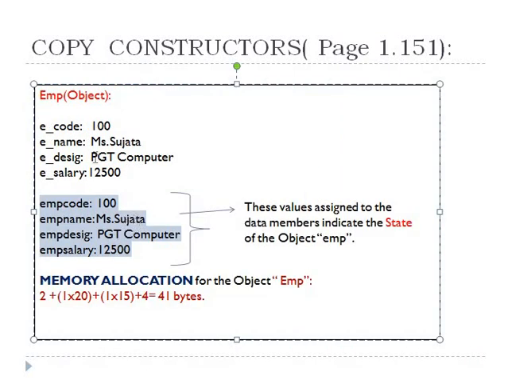Now once these values are assigned into these data members, how much memory shall be allocated for our object EMP? Now see, as soon as the value 100 gets assigned into the data member EMP code, 2 bytes of memory space will be allocated, because the data type of EMP code was int.